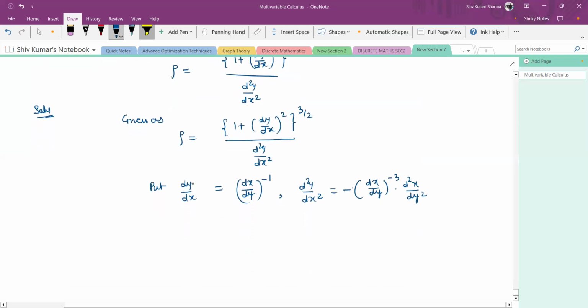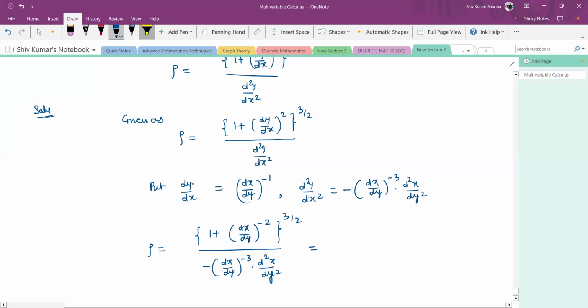So we see that rho is equal to 1 plus the value of dy/dx. So we put as (dx/dy) raised to the power minus 1. But power is 2, so this directly we write down as power minus 2. Whole to the power 3/2 upon the value of d²y/dx², we write down as minus (dx/dy)^-3 into d²x/dy².